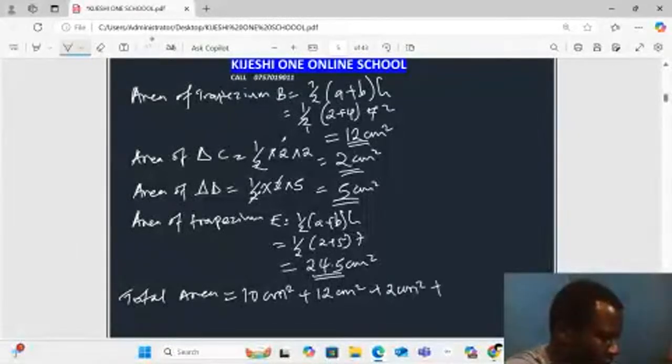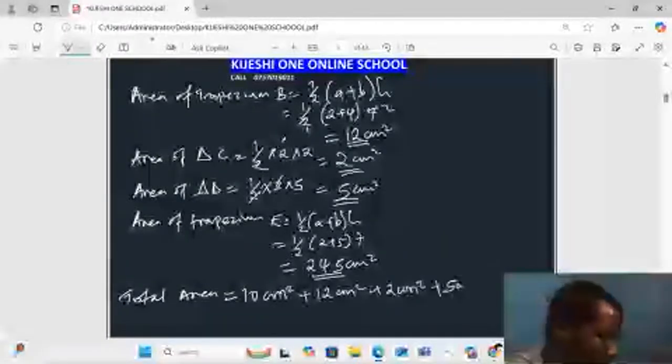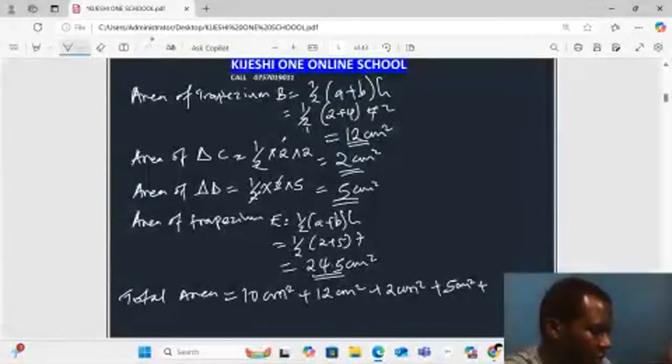And then plus D, we have 5 square centimeters. Then lastly, E, we have 0.5 square centimeters. That gives 53.5 square centimeters.